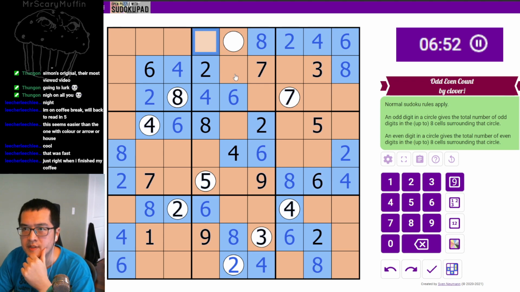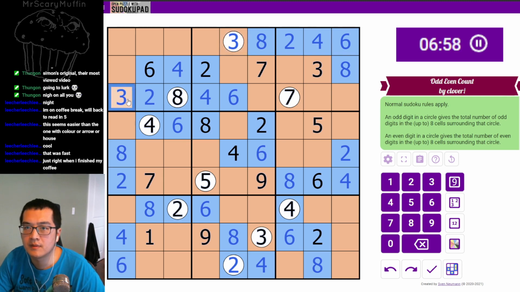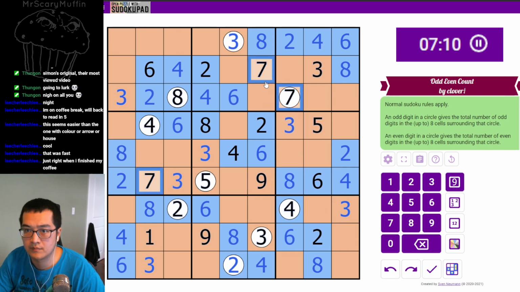How many odd numbers does this one see? 1, 2, 3. That's a 3. That's immediately helpful. Seven.